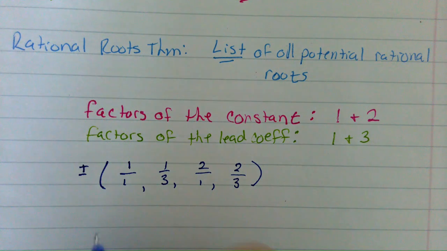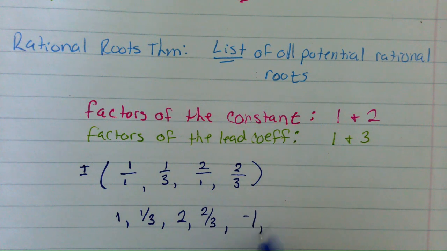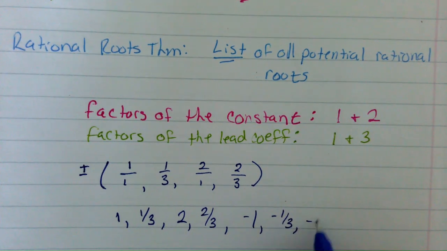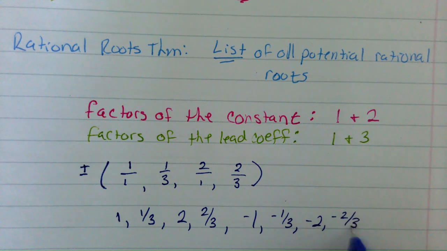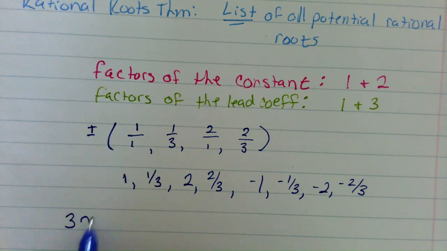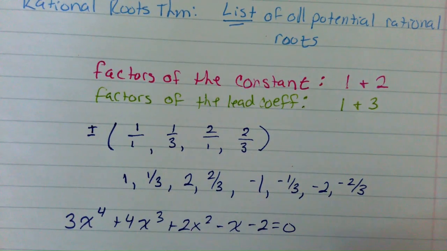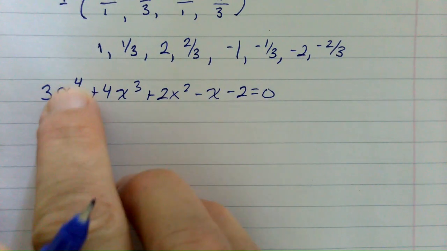Why do I say 8? 1, 1/3, 2, 2/3, -1, -1/3, -2, -2/3. This is our list. This is our multiple choice, basically. So even if you don't have a graphing calculator, you can now try to find your 4 answers. Why 4 answers? Because our degree is 4.